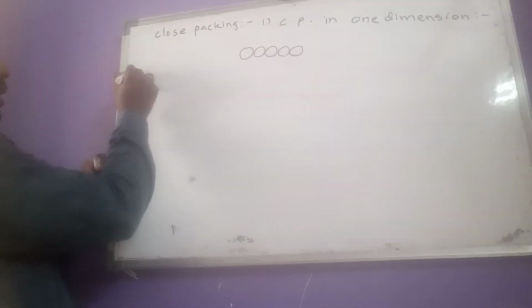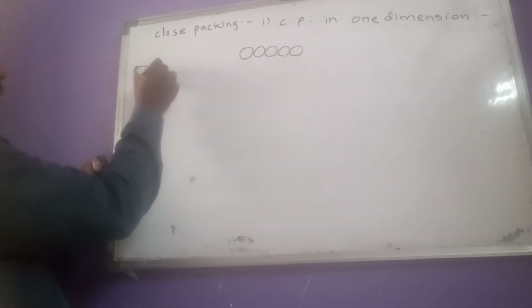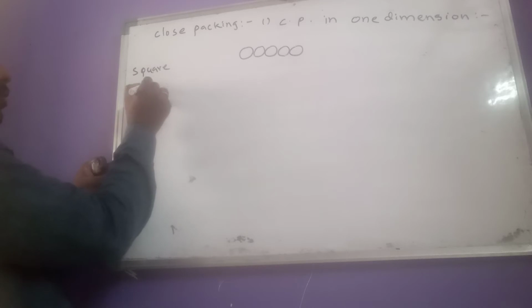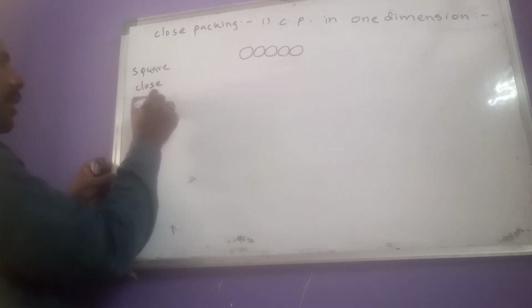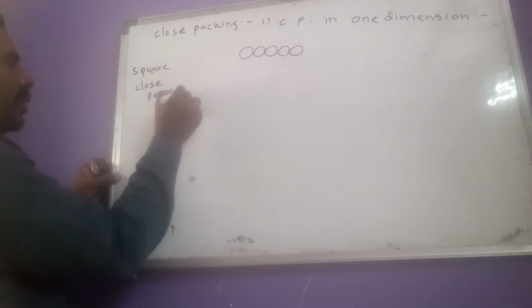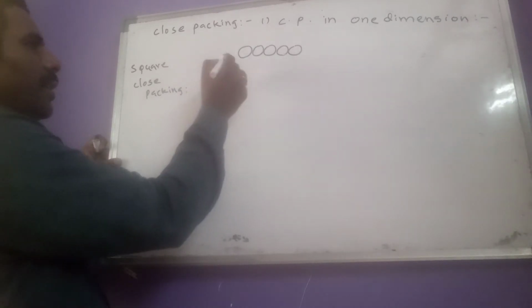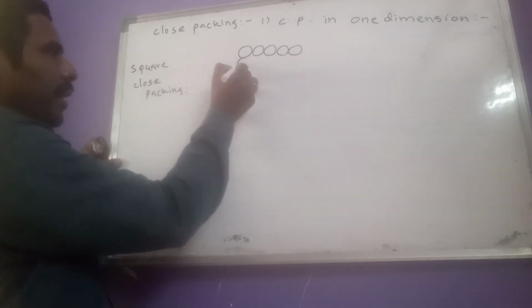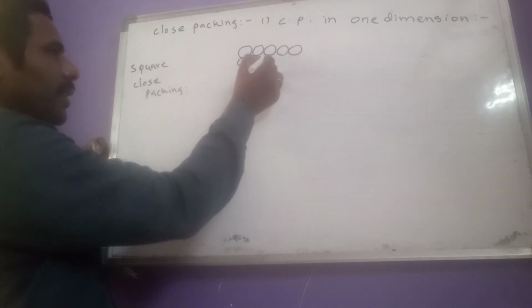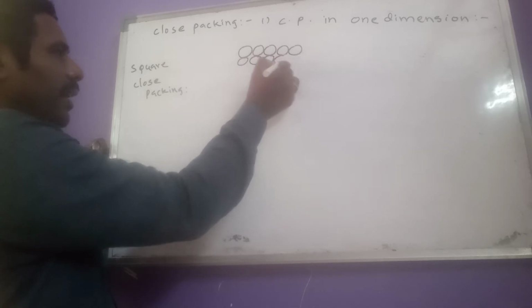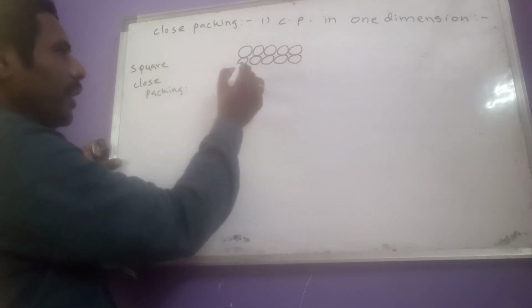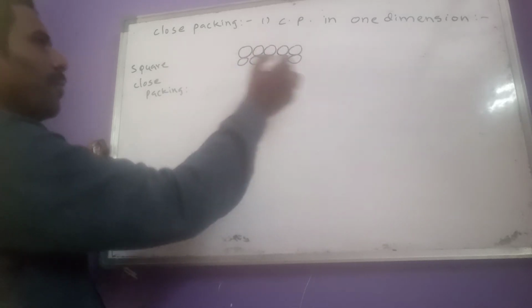In square close packing, the second row spheres are placed exactly adjacent to the first row spheres.